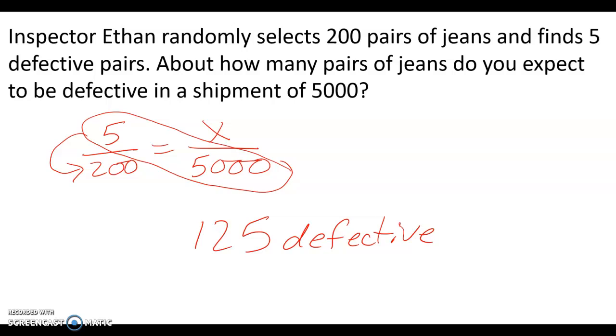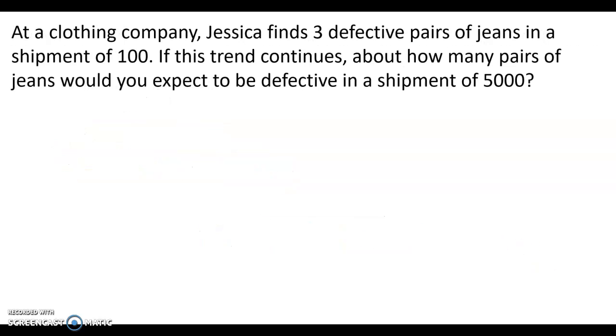All right. Now Jessica, she found 3 defective jeans out of 100. So how many would you expect that to be out of 5,000?